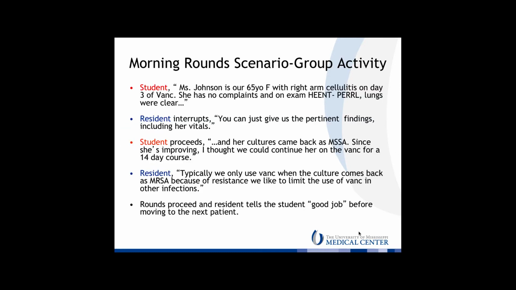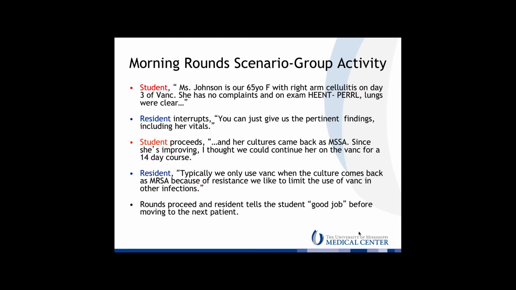So going back to our case, you had the student and the resident. The student presents, the resident interrupts and tells them to give the pertinent findings, and then they talk about the bacteremia with the MSSA, and then the resident says, good job, at the end. So what did this resident do well in this scenario?